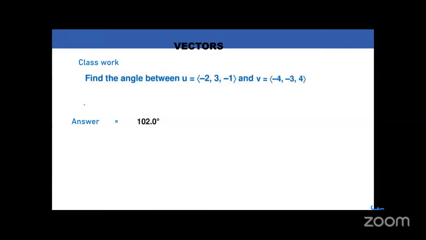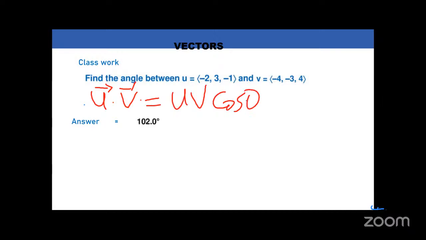So the first thing is to write down the formula, which is u dot v is equal to uv cos theta.